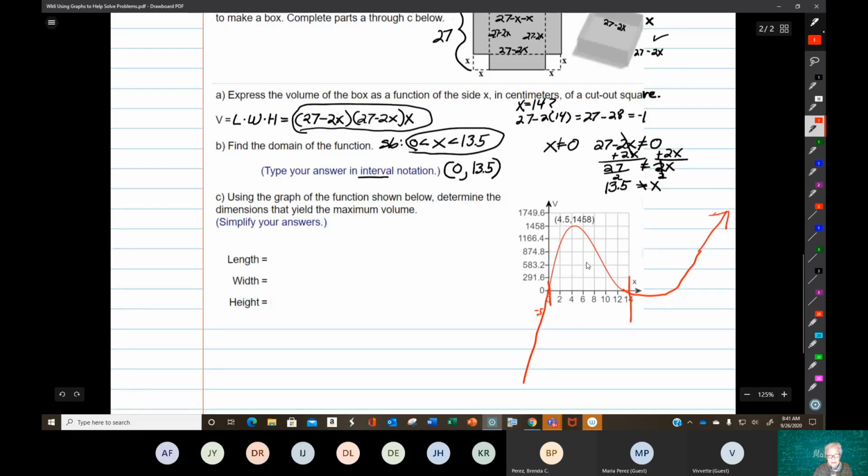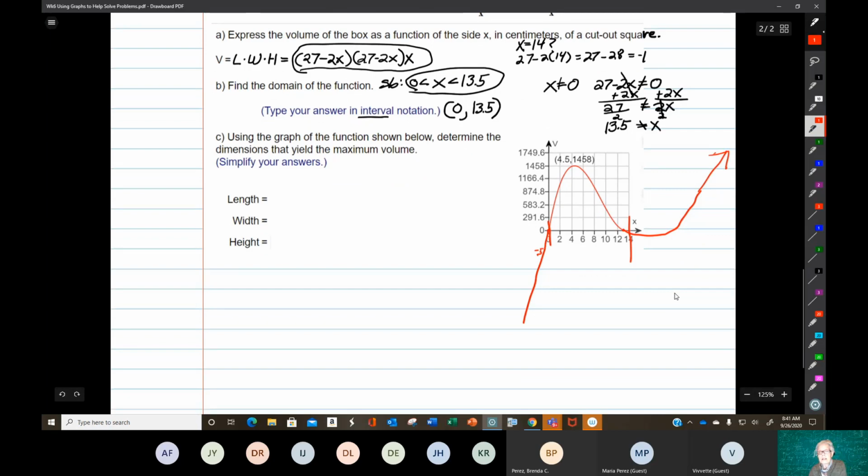Now, use the graph of the function shown below. Well, here it's over here. Determine the dimensions that yield the maximum volume. Okay, luckily we're saved by a graph. They tell us what the vertex is, which is kind of cheating, nice cheating. There's the vertex. The y coordinate is what the maximum volume is, the highest value, and that's 14.5.